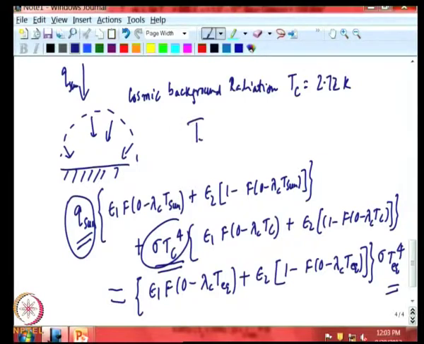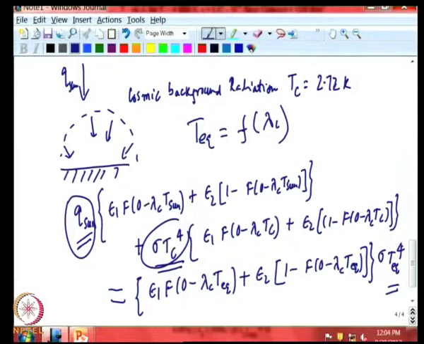We want to find out T equilibrium as a function of the cutoff wavelength, and in this case we are interested in that cutoff wavelength at which the temperature of the surface is the lowest, because in this application we want to minimize the temperature of the surface, not maximize it like we had last time.